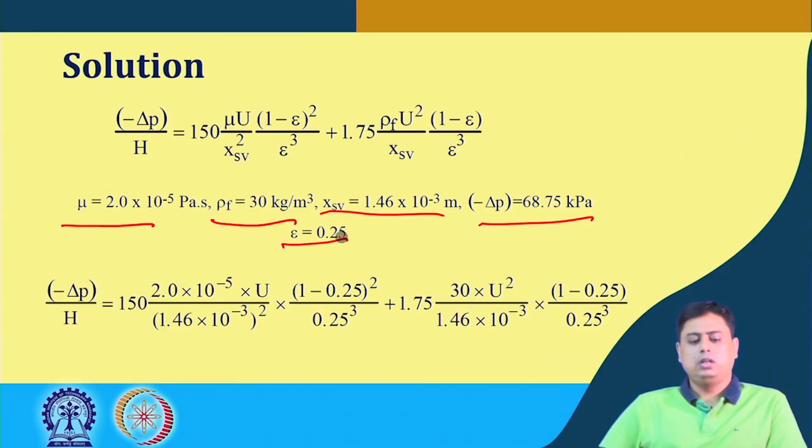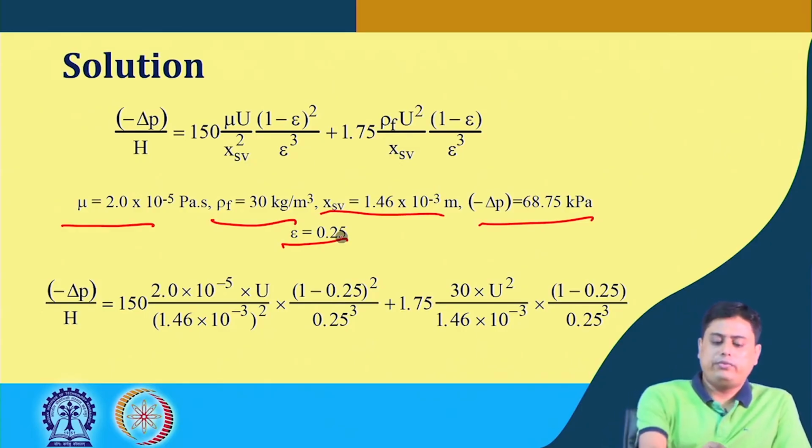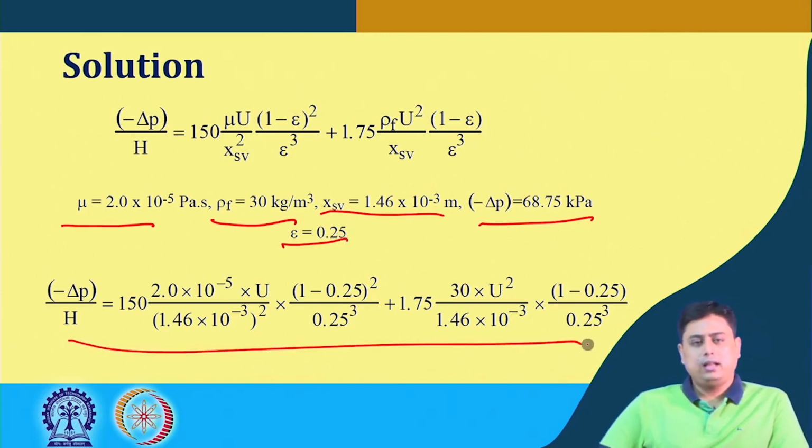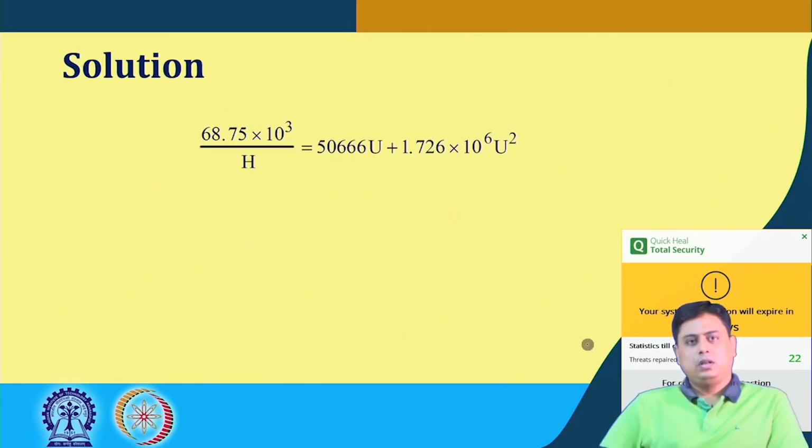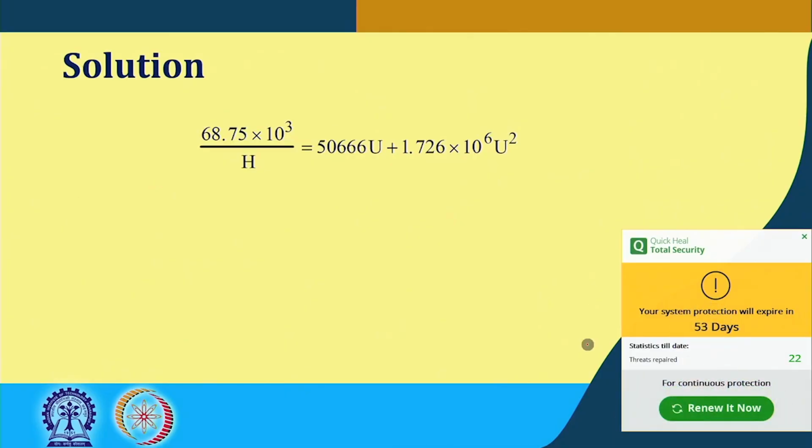What is unknown is the flow rate, like the previous problem. So, we find the pressure gradient per unit length of the bed in terms of U. Here we find such a relation.